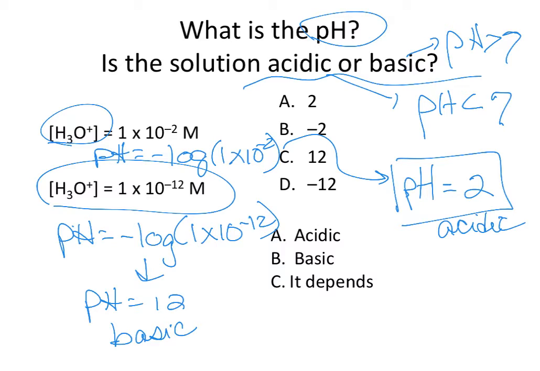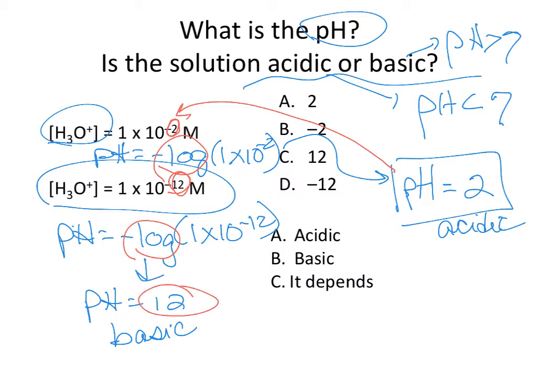So I want to point out something else that simplifies your life in some cases, if you haven't already noticed it. The log scale, you may not remember this from math, simply represents the exponent in some type of number, okay? So notice in this case, the pH of 2, there was an exponent of 2.